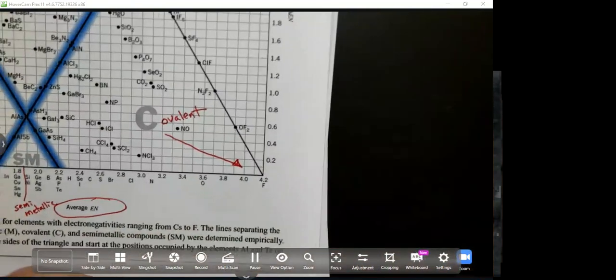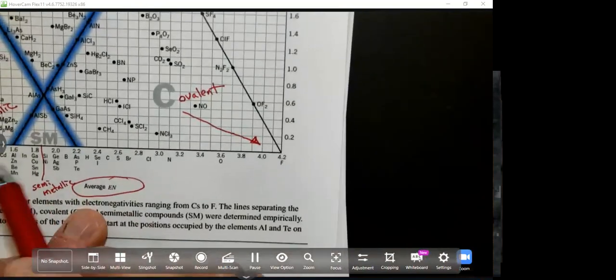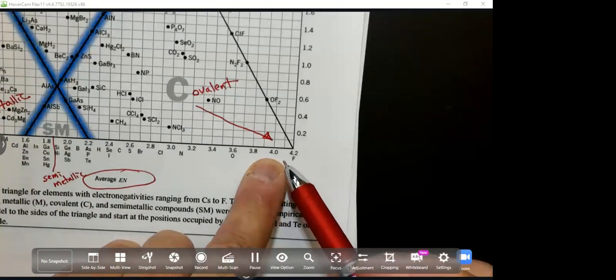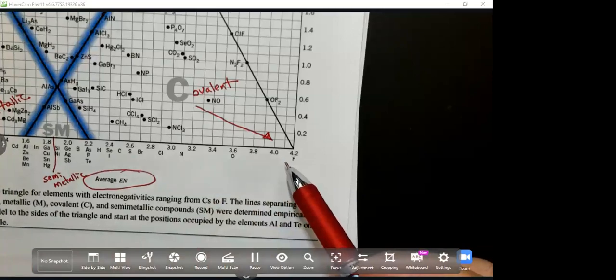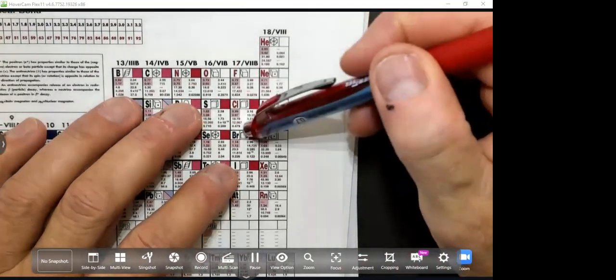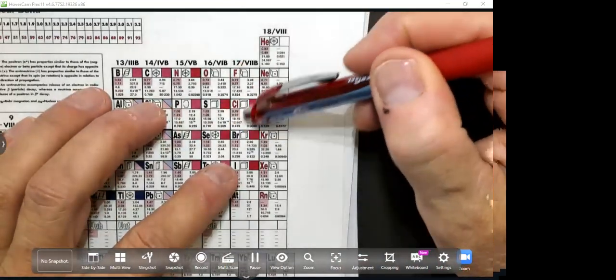But you want the electronegativity average, look at where the average is the highest, in this corner, correct? You want high electronegativities. Where are we going to get high electronegativities? In this top right corner.